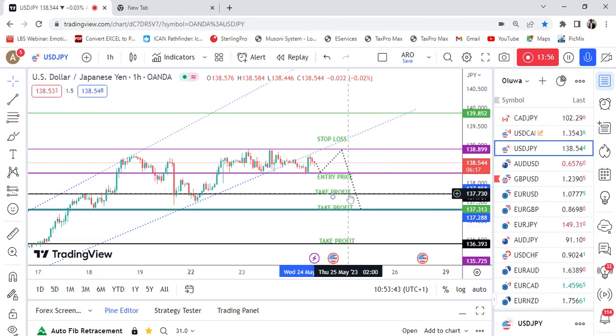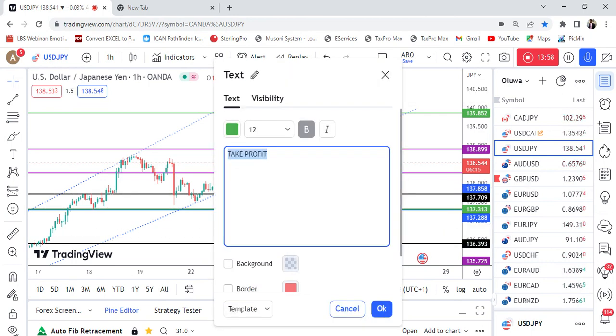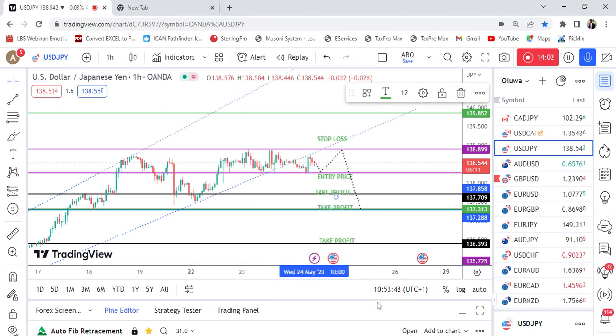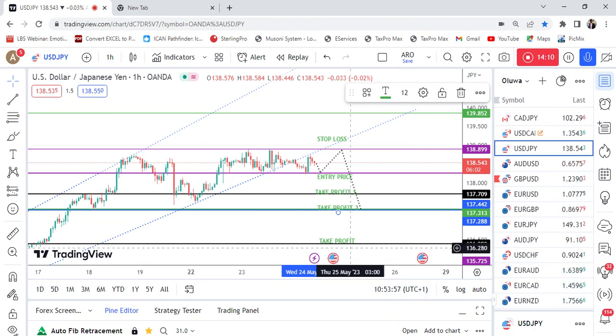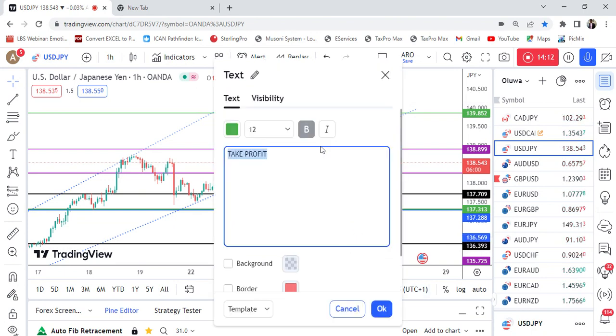So let me edit it so that we understand what we are talking about. This is our TP1. Then here is our TP2, and here is our TP3.